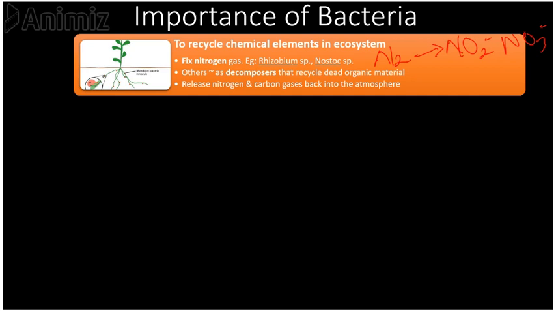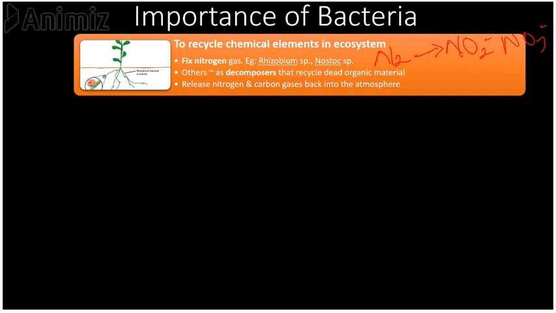And other than that, bacteria also act as decomposers. It means that they recycle dead organic materials. If there are any dead animals or plants, the bacteria will cut them into smaller pieces and turn them into a simpler form.